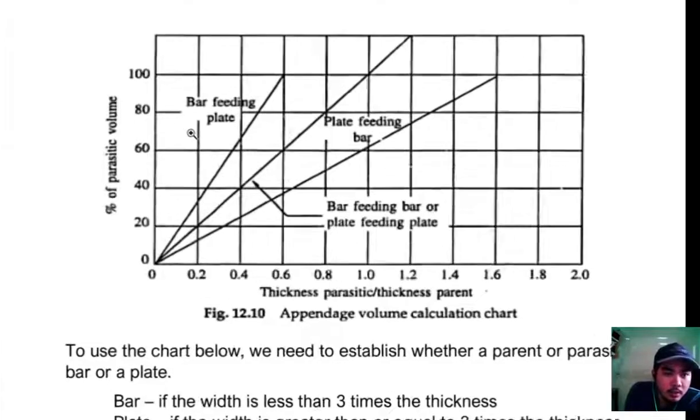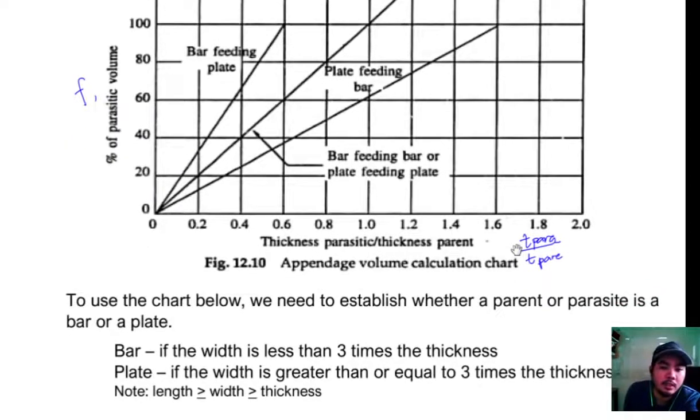Okay. So ito, this is your F value. Ito yung percent F natin. Tapos dito is the thickness ratio, which is just given as the thickness of the parasite divided by the thickness of the parent. Okay.